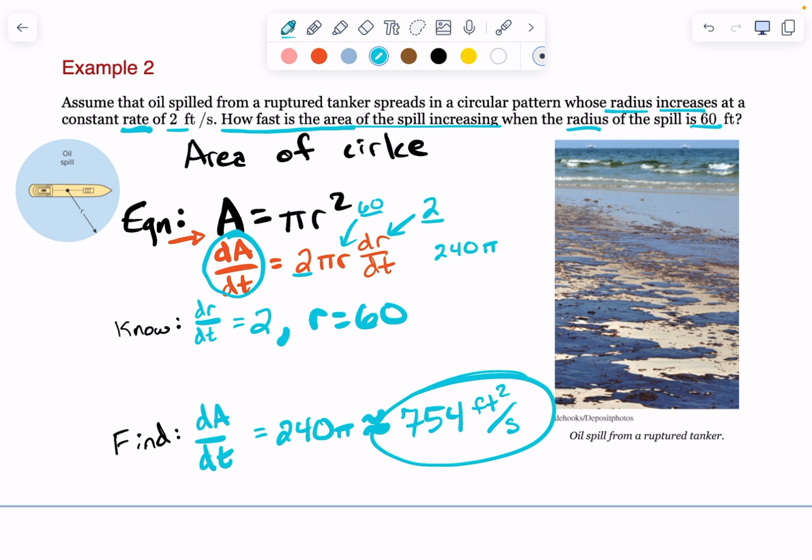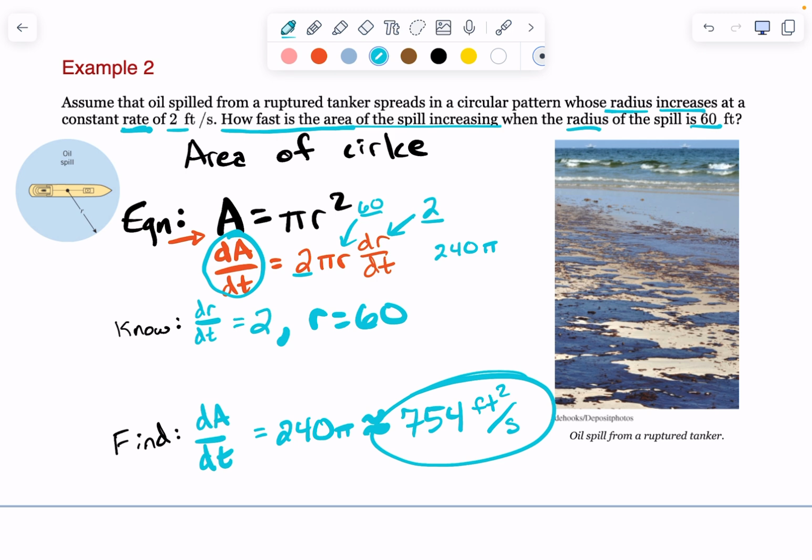Seconds before this, it might have been increasing at a rate of 900 square feet per second, versus 10 seconds from now, it might be only increasing at 200 square feet per second, because the sludge is going to start to slow down as it gets bigger and bigger. The area is going to increase at a slower rate as it goes out.